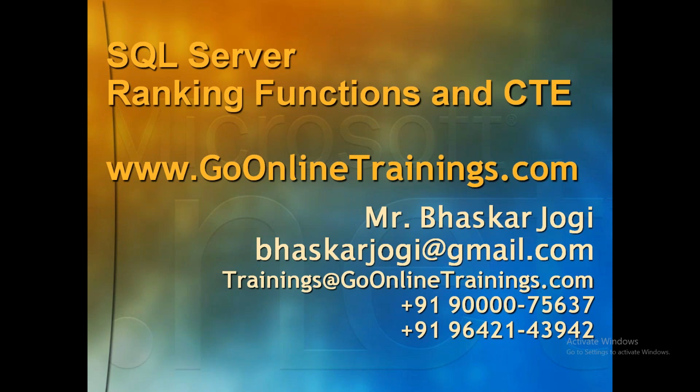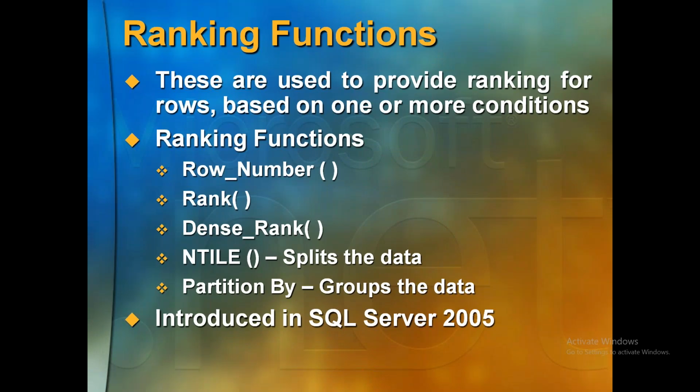Clear? So what is a ranking function, how to use ranking functions, and what is a common table expression? These are the things we are discussing today, right? As we discussed, ranking functions are there to provide rankings for rows based on one or more conditions.